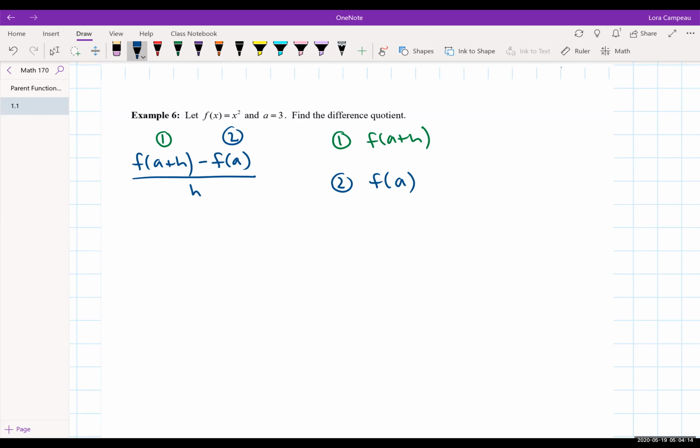So just remembering with function notation, our original function is f of x equals x squared. That's what they're trying to have us refer to. So if we had f of a, all that tells us to do is replace the x in the function with whatever is in the parentheses, the argument of your function, f of a. So f of x is x squared, so f of a would be a squared.